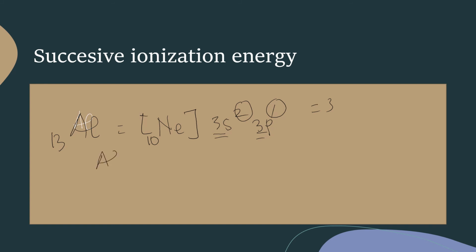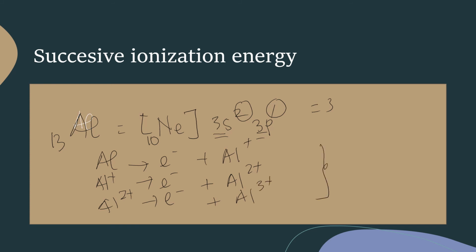So aluminum will release 1 electron to become Al+, and then Al+ will release 1 more electron to become Al2+. Al2+ will release 1 more electron to become Al3+. This is the successive ionization energy: first, second, and third ionization energy.